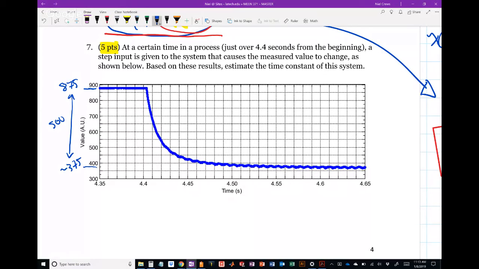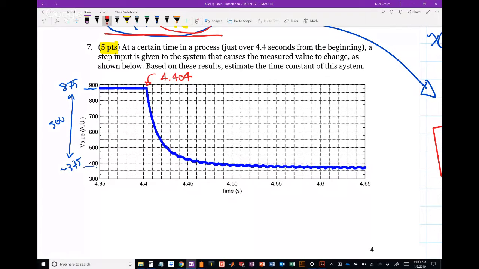Now, we've got the change here. It doesn't happen right at 4.35. It happens out here. I kind of eyeballed it. I'll do this in red so it shows up a little bit better. 4.404, numbers around there were okay.